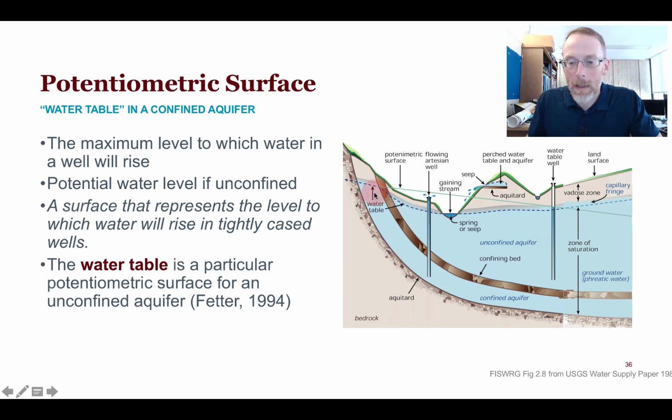And so here what we see is we've got our confined aquifer. Let's talk about confined aquifers for a second. Here we've got what we would call geologically a monocline.